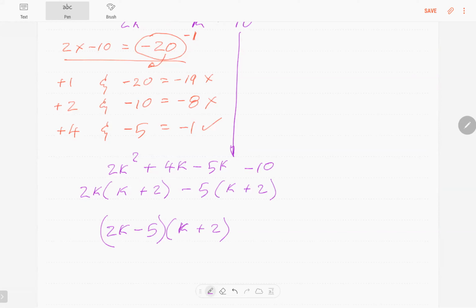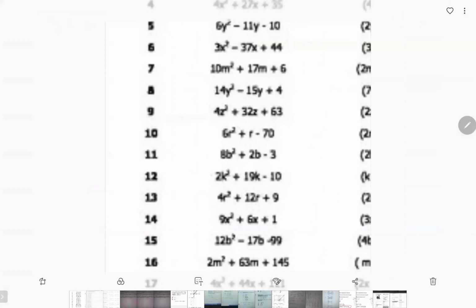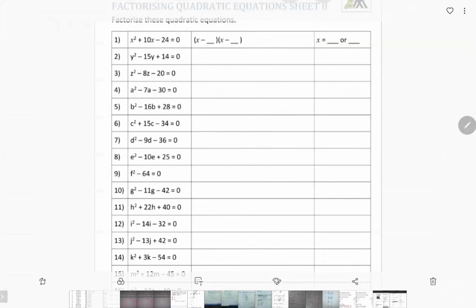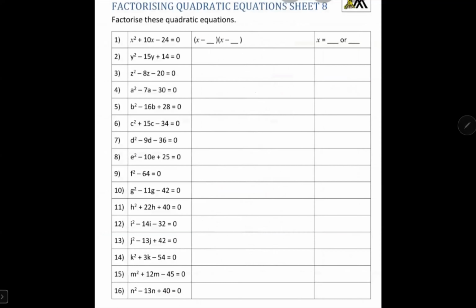All right, so I want to show you a shortcut method now for doing the ones where the coefficient of the x squared term is 1, like these. Listen to me carefully now. This is when the x squared term is a 1.